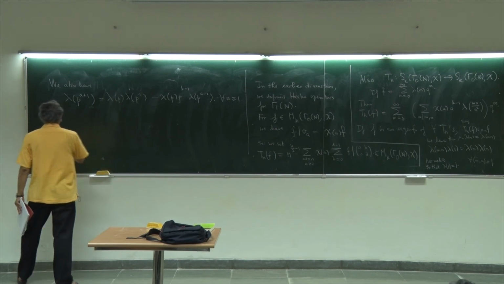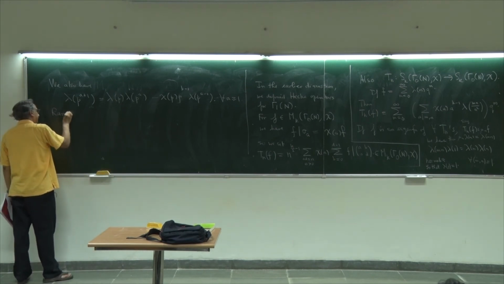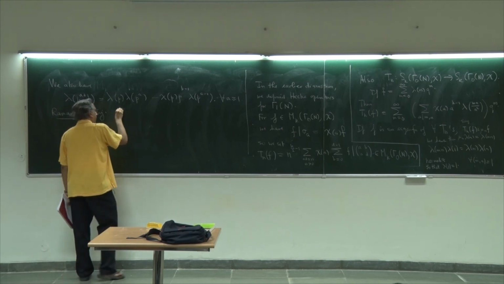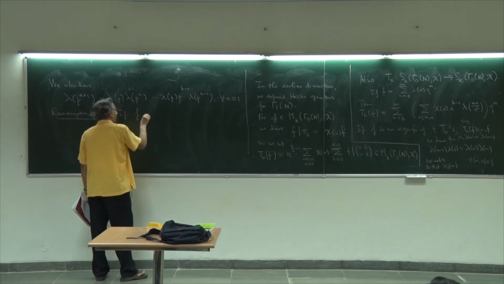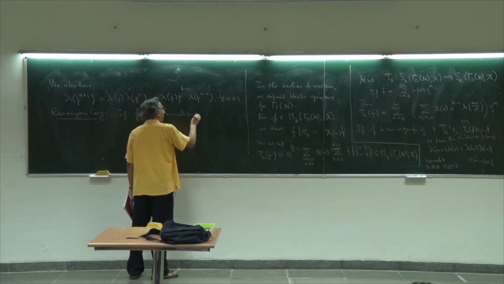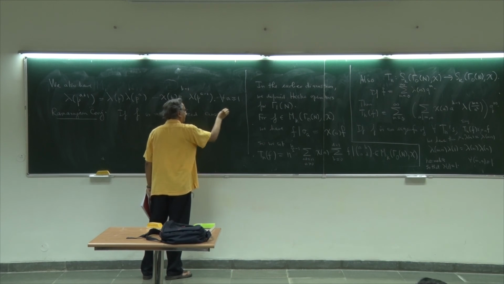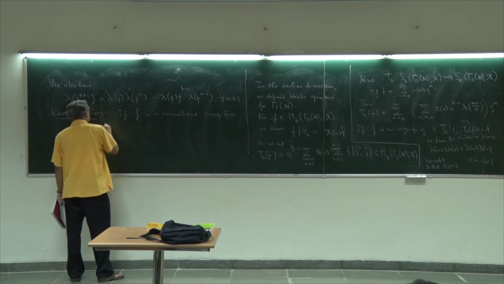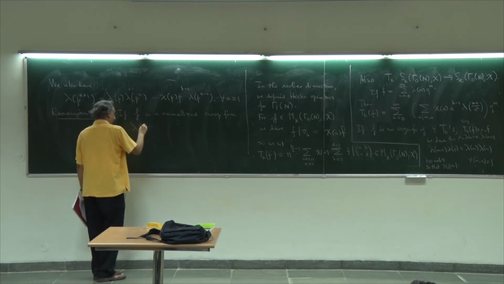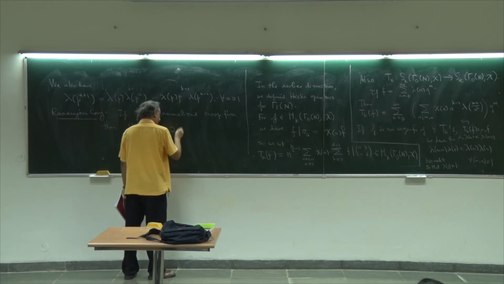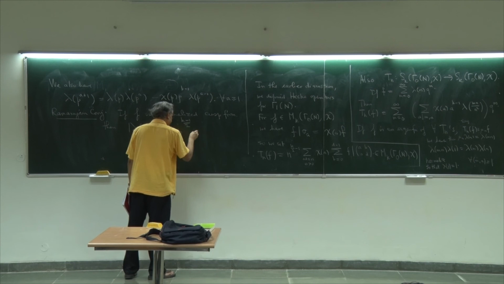And of course, the third part is the famous Ramanujan conjecture: if f is a normalized eigenform, a normalized cusp form, then the absolute value of lambda of p is bounded by 2 p to the (k minus 1) over 2.